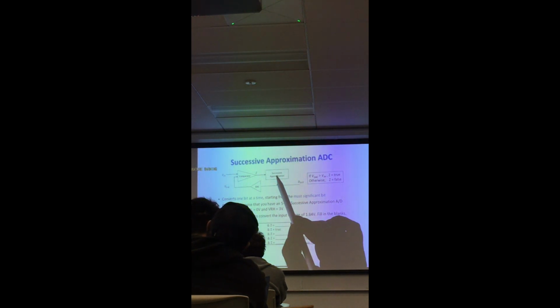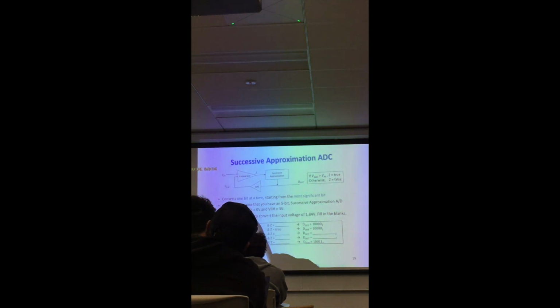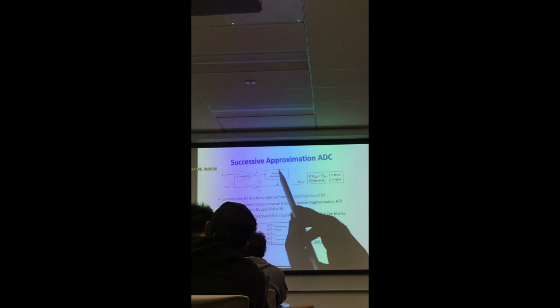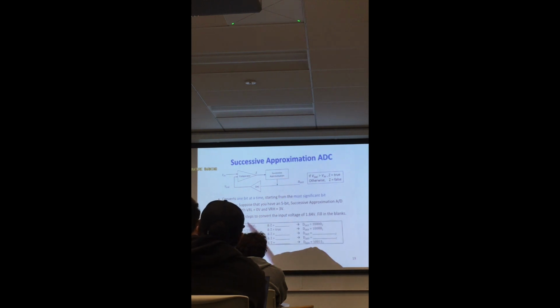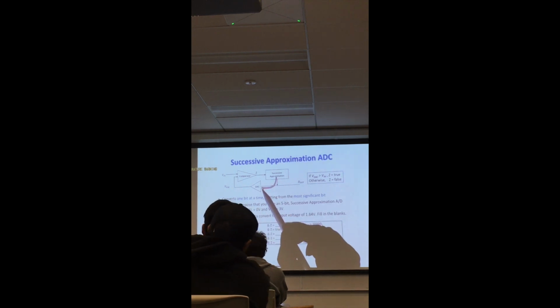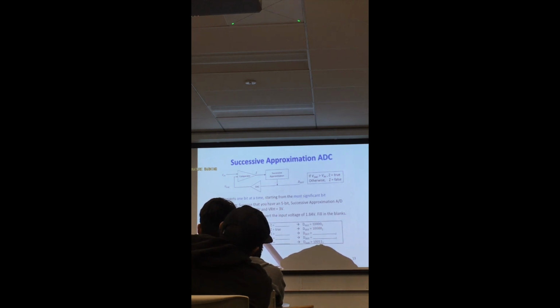It produces a value of 1, 0, 0, 0, 0, like shown in this case. That's what the controller will produce as a number, and it will start working on the most significant bit first. Once it sets that bit to 1, this goes through a digital to analog conversion, and it converts this value into a corresponding analog value.